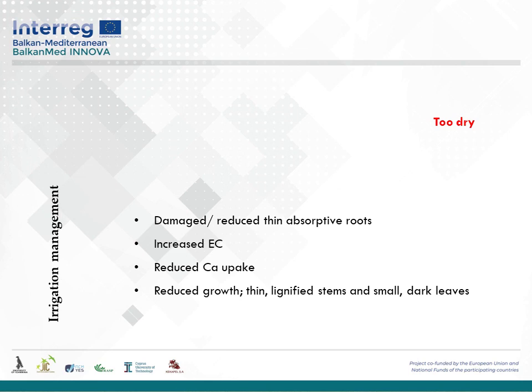By appearance, the plants which have suffered a relatively long period of dry soil or substrate have reduced growth, they are thin, they have liquefied stems, and they are characterized by small and dark leaves.